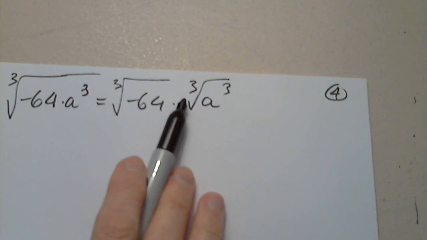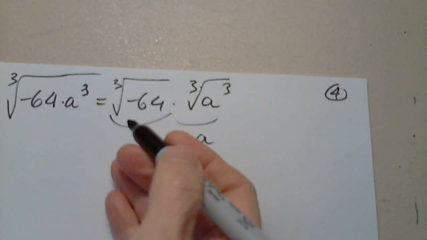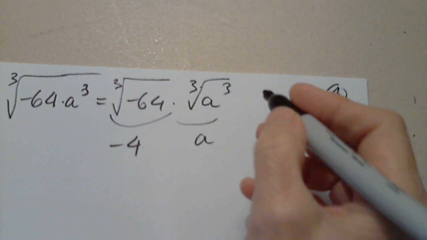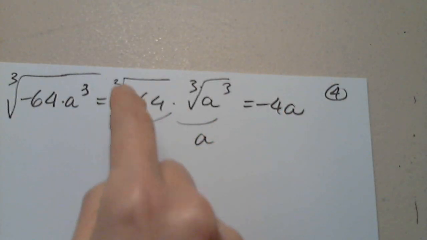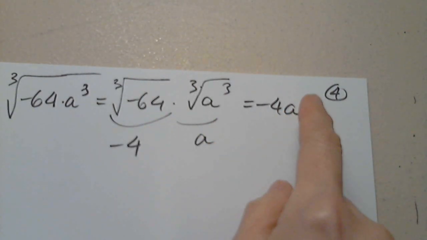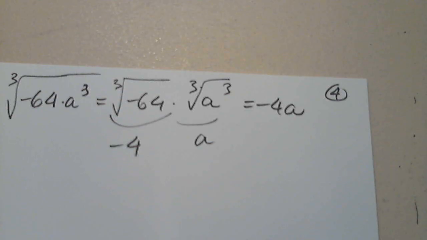Notice that it's the cube root. So this is just a, 3 over 3. We already talked about this. This is negative 4. So the answer is negative 4a. Because negative 4 to the third power is negative 64, and a to the third power is a to the third. And that's it.